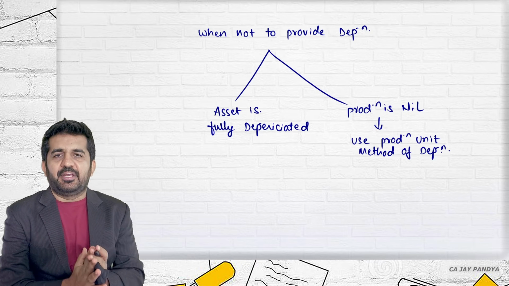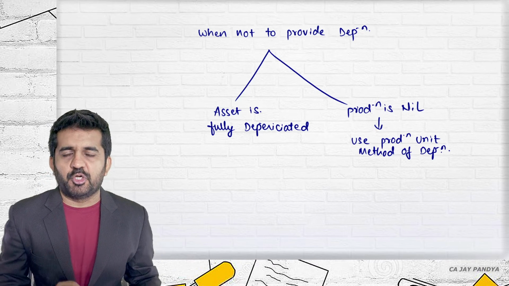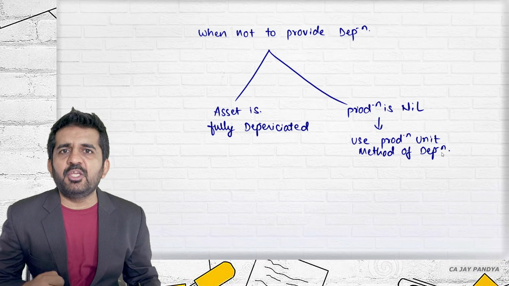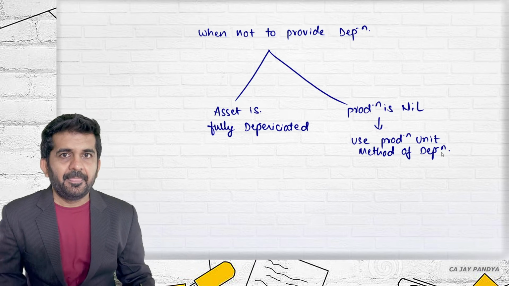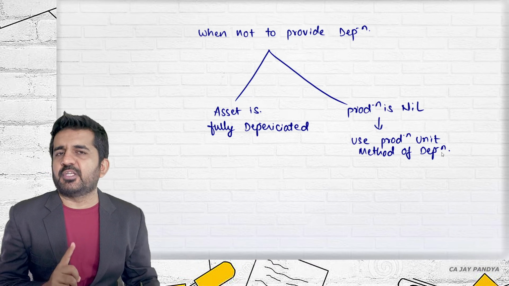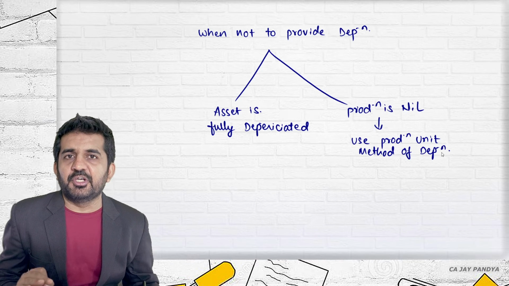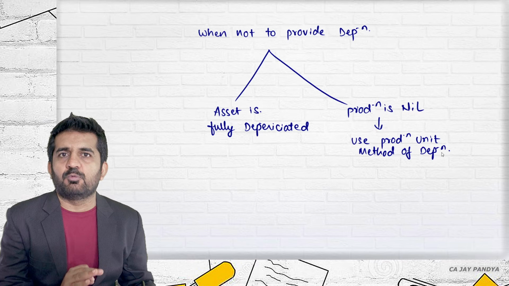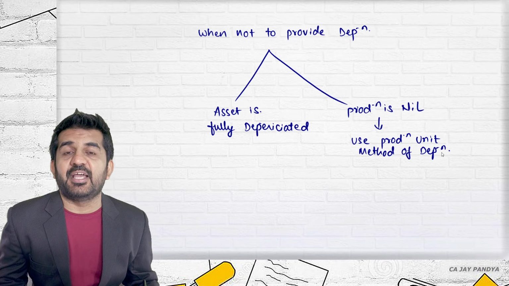Now try to concentrate on this particular point. Why I have written this and why it is important is, when you write your exams, normally they ask you practical questions like this. The company follows the written down value method of depreciation. In the current year, because of coronavirus, there was no manufacturing. Should you depreciate the asset or not?